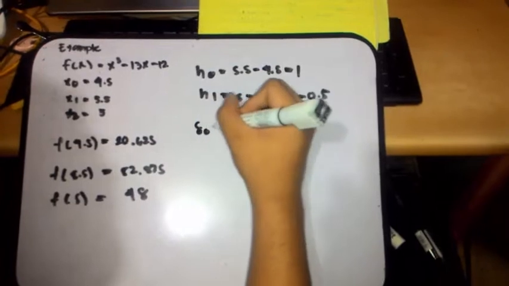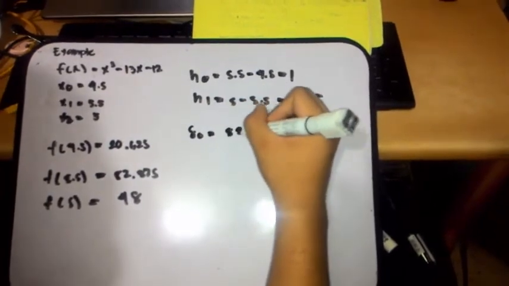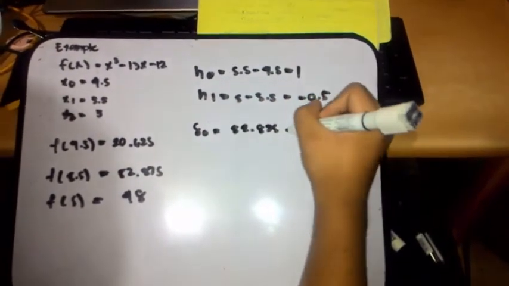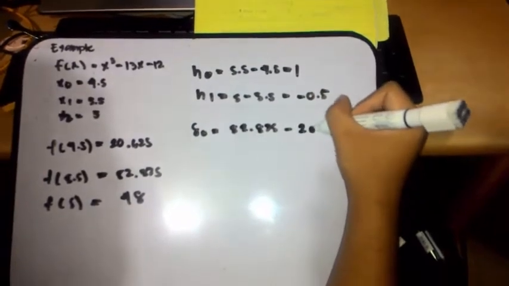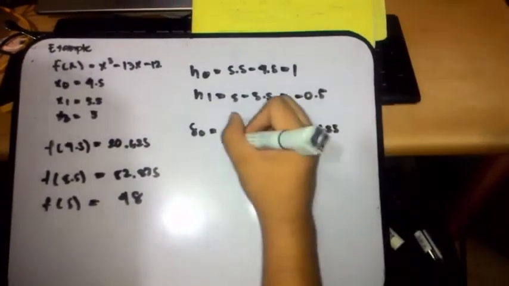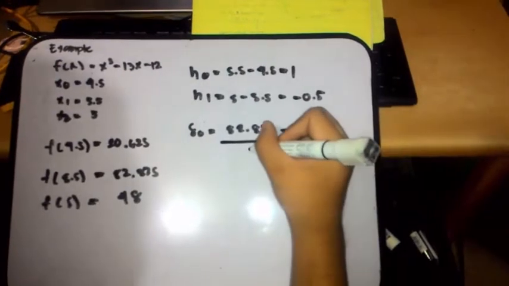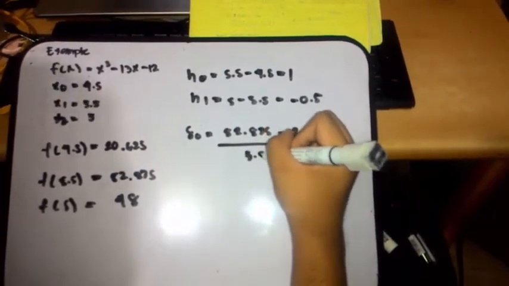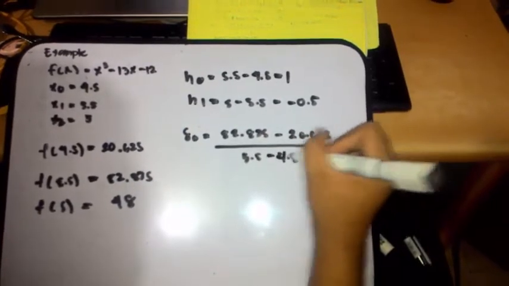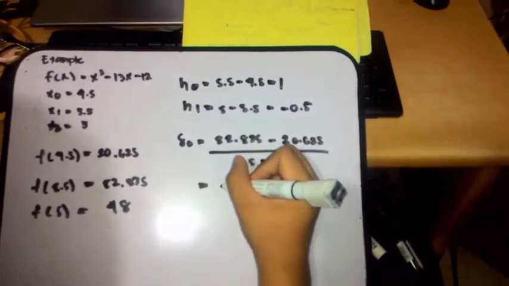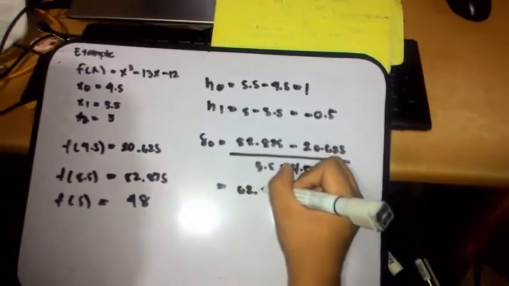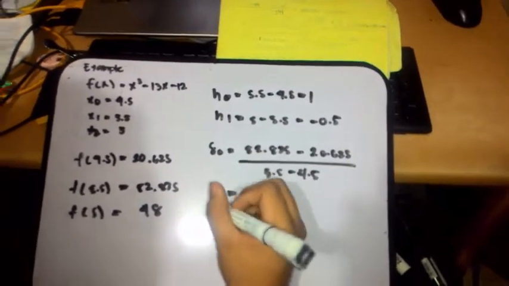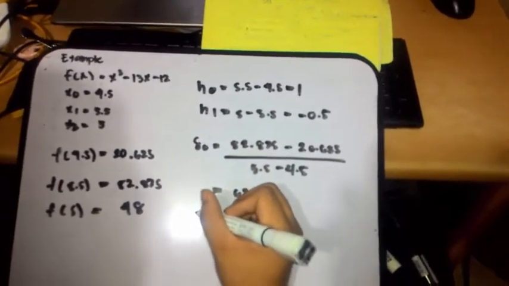Delta 0 is equal to 82.875 minus 20.625 over h sub 0, which is 5.5 minus 4.5, and we get the answer 62.25.